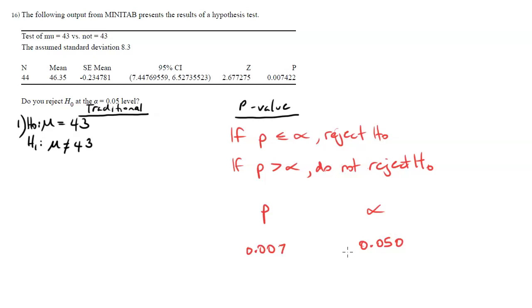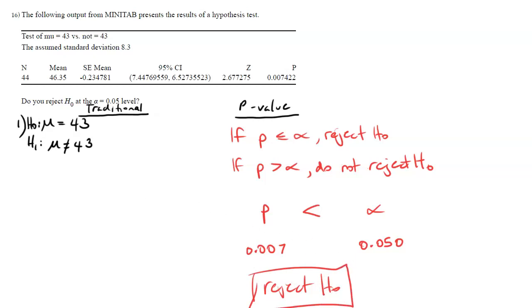Which one of these numbers is larger? Definitely alpha. 50 thousandths is greater than 7 thousandths. So the p-value is less than alpha. So what we do, reject the null hypothesis. And we're done with this question, right?